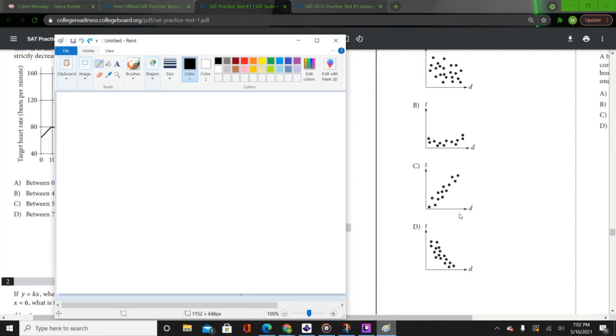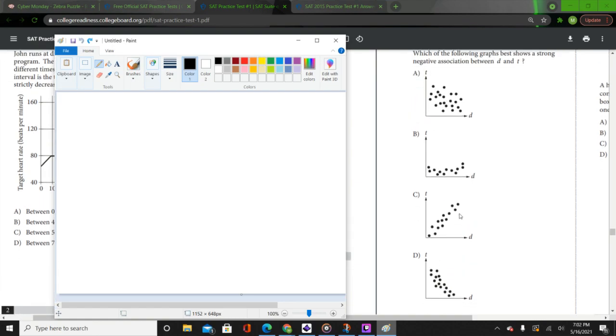Yeah, this one you just have to look at it and know what negative association means. It means D is inversely proportional to T, or proportional to 1 over T. Basically, as T increases, D decreases, and as D increases, T decreases.